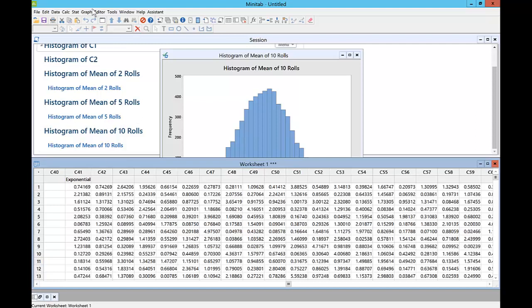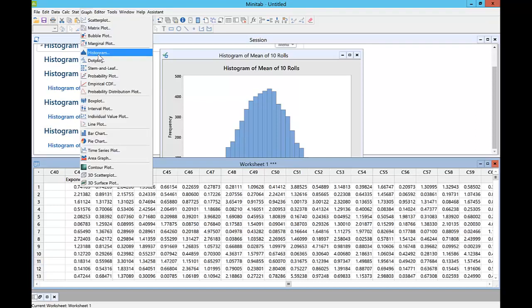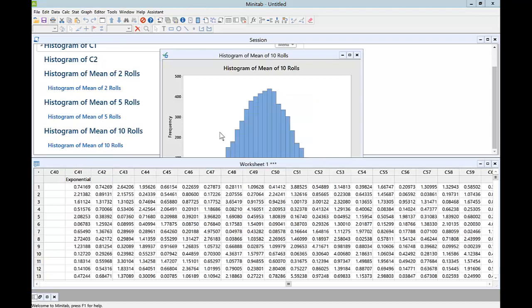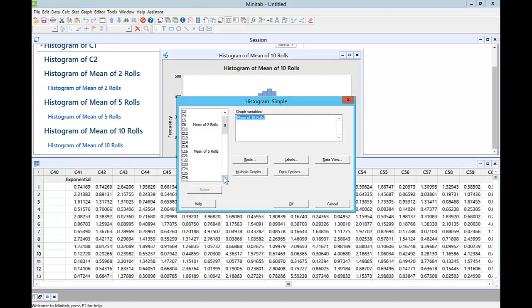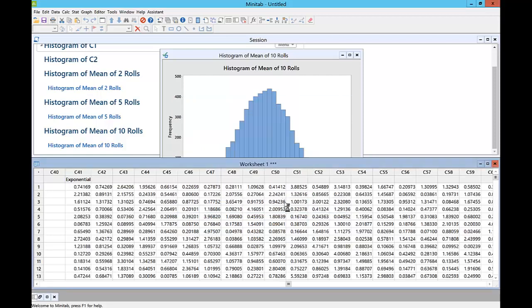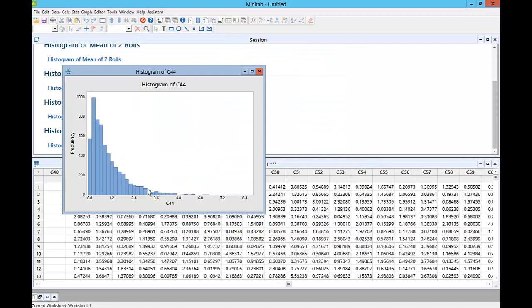And if we look at the histogram of just one of these columns, it doesn't matter which one, we see the lifetime of the product that we're making, and it's very heavily skewed in the positive direction.